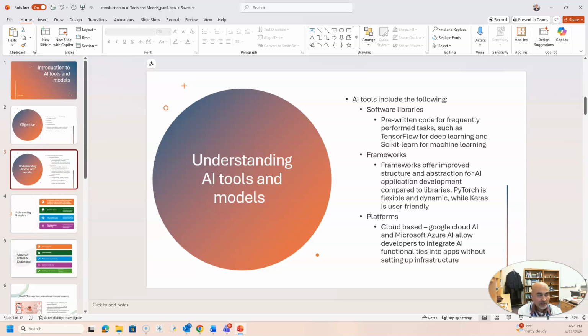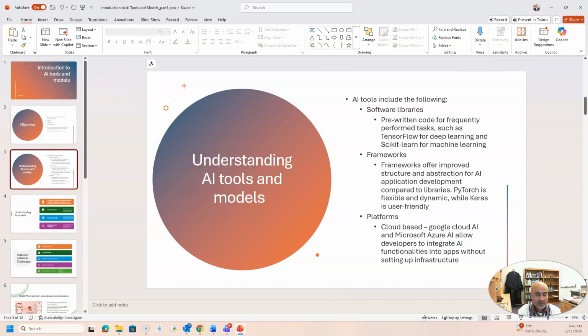When we talk about frameworks, these frameworks actually provide a template or an improved structure and abstraction for AI application development compared to the individualized libraries. So an example would be PyTorch.